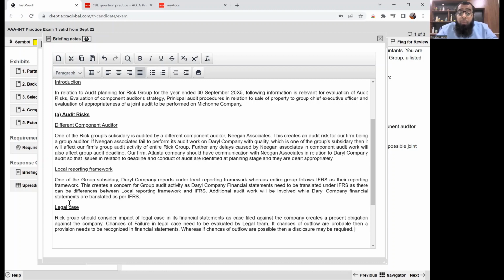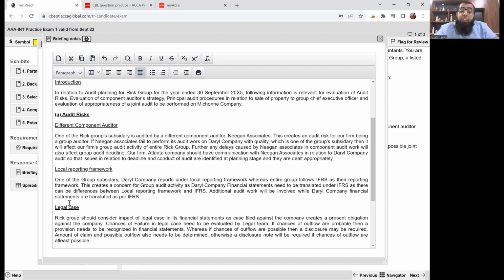The amount of the claim and possible outflow also needs to be determined. Otherwise, a disclosure note will be required if chances of outflow are at least possible.